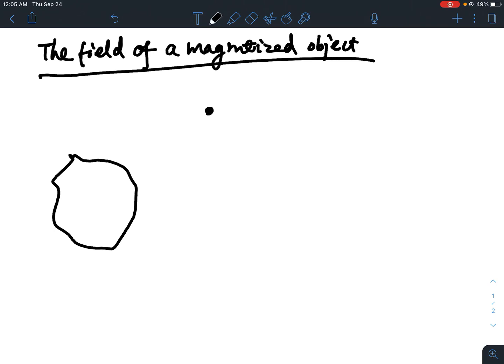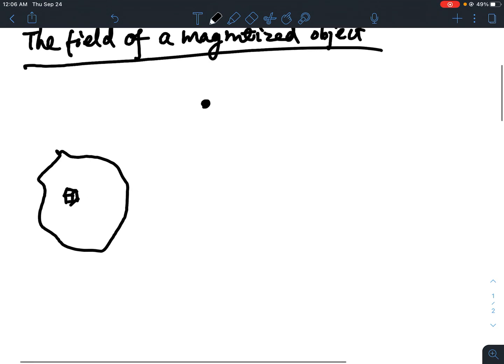The way to do it is, for the electric case, we divided the object into tiny electric dipoles and then used the equation to calculate the potential. We do exactly the same thing here. We divide the object into very small volumes, and we can treat each one as a small magnetic dipole.